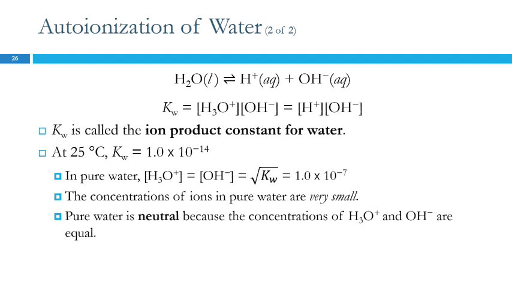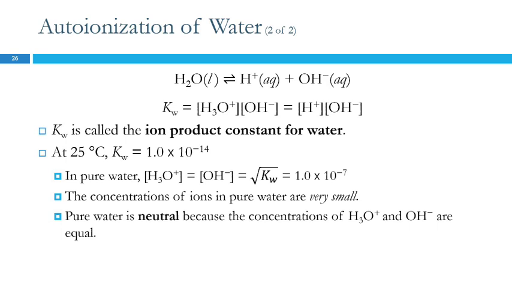In pure water, for every one water molecule that ionizes, you get one each of hydrogen ion and hydroxide ion. So the hydronium ion concentration will be equal to the hydroxide ion concentration. Just like if you had a whole bunch of brand new shoes in boxes and you dumped them out, you'd have an equal number of left and right shoes because they were together to start with.